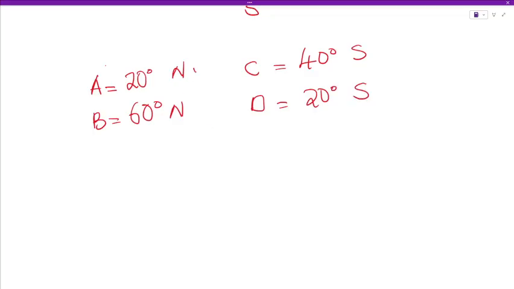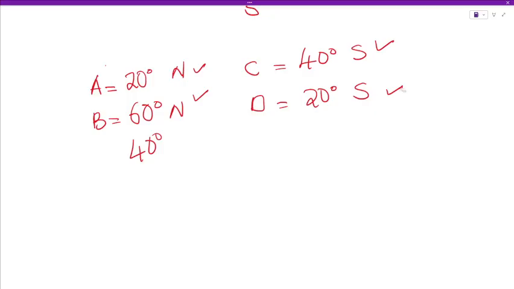So you can see we have north north, same hemisphere. What do you do when they're in the same hemisphere? Subtract 60 minus 20, that will give you 40 as their difference in degrees. South south, same hemisphere. What do we do? You subtract 40 minus 20 gives you 20 degrees as their difference in degrees.